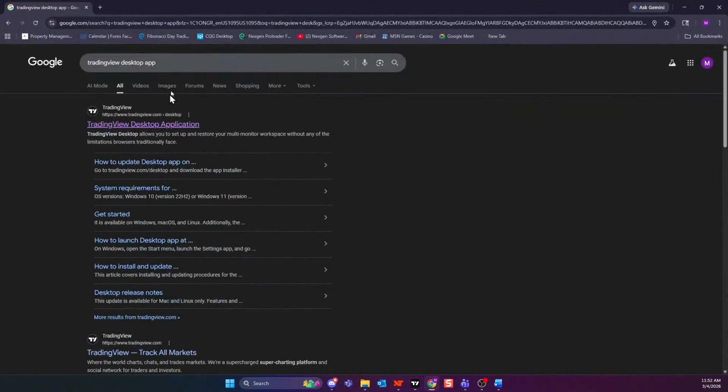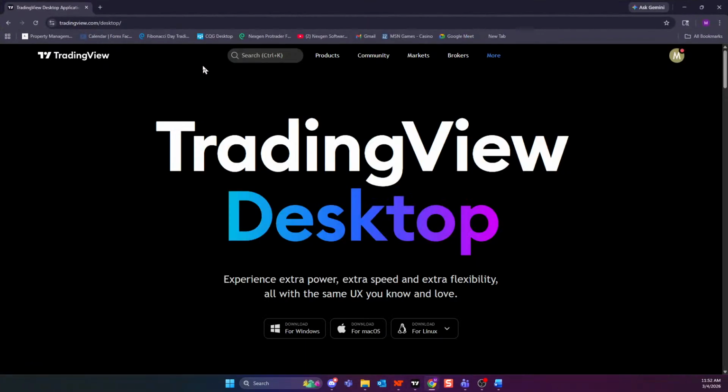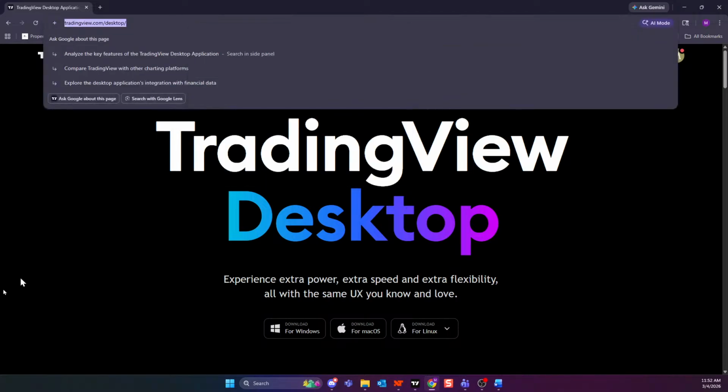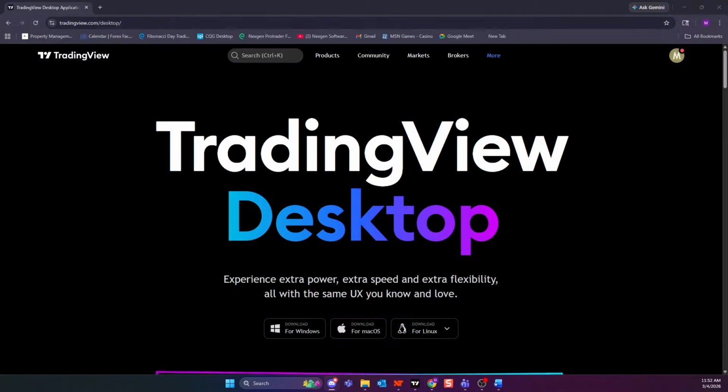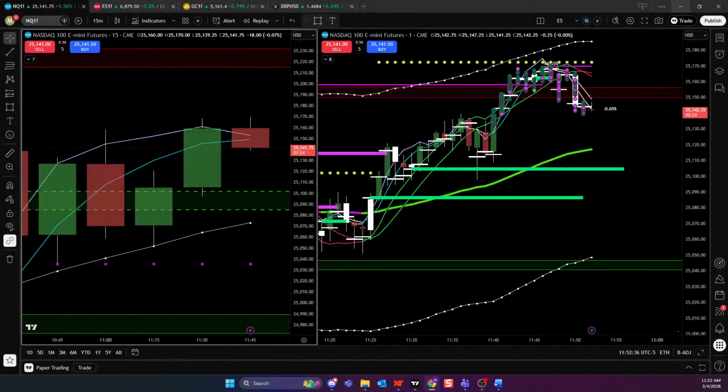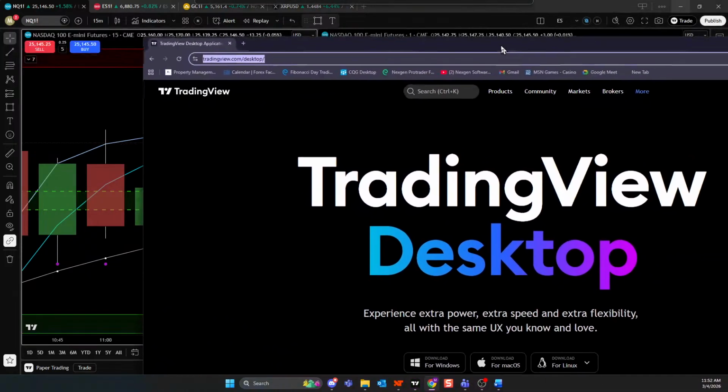I don't work with the tabs. I would, and this is just me, I don't tell you guys what to do. I think this is 1,000 times easier. I think the desktop app is so much easier. And then you can have your internet off to the side while you look. So like if you want to play a game while you're waiting for your rules to be met.